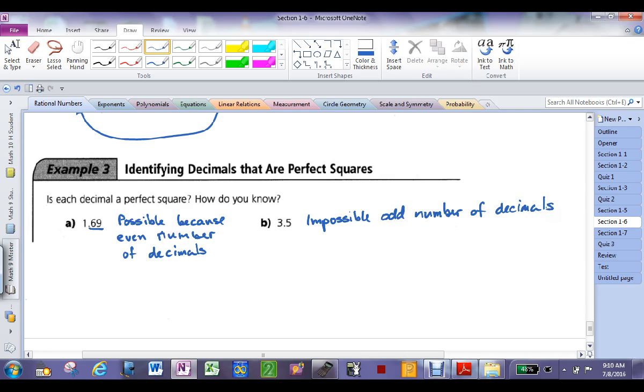Now, we're halfway there. Is it a perfect square? It might be. How do we check? 2 ways. We can use our calculators, right? Go square root 1.69. Or we can check with math. 1.69 is the same as 169 over 100, yeah? So we take a square root. So that would be the square root of 169 over the square root of 100. What's the square root of 100? 10. And then you would check that with your calculator, or you would memorize it, because like I said, it's good to know up to 20, and you would find that as 13.